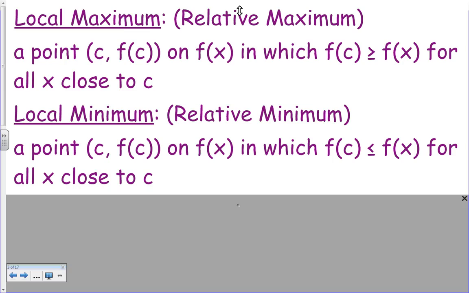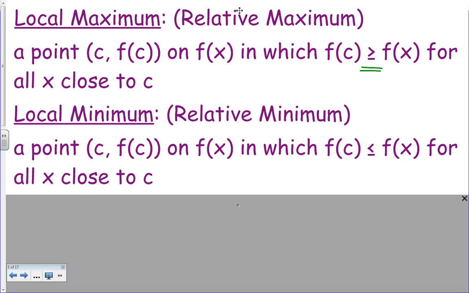In fact, let me underline this here, that it's greater than or equal to. It doesn't have to be just simply greater than. It could be equal to the values around it. So you find a point which is greater than or equal to all the other values around that point on the function, and you have yourself a local maximum.